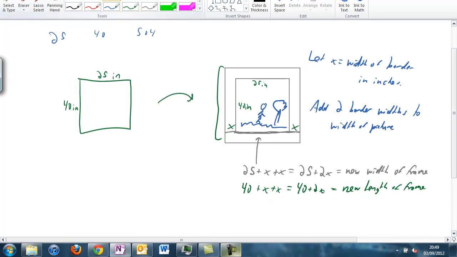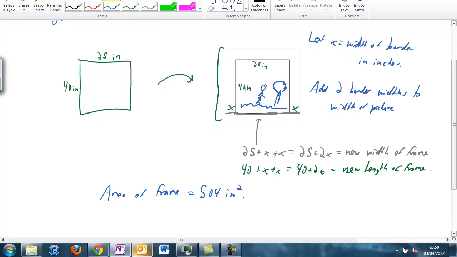Well, we need a little bit more information to solve this problem, and in the problem we would be given something like the fact that the area of the frame is equal to 504 inches squared.